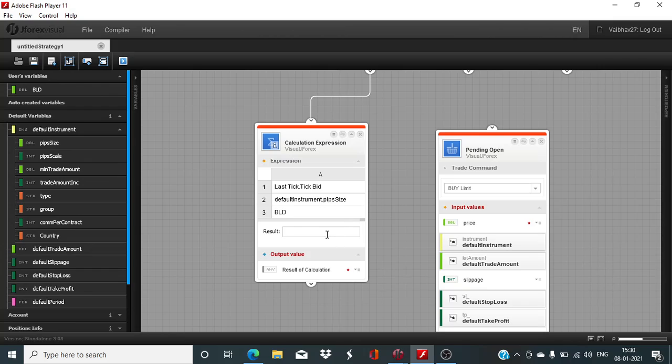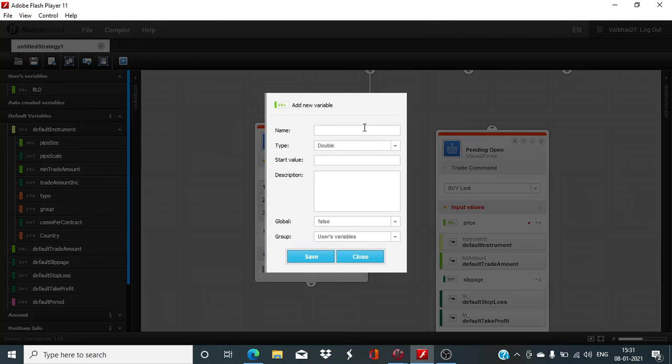Now we need to do the calculation. For that we will need to subtract the multiplication of the pip size and the newly defined variable of 10 pips. So we will have to do a1 minus a2 into a3, and this will be the buy entry price, okay.